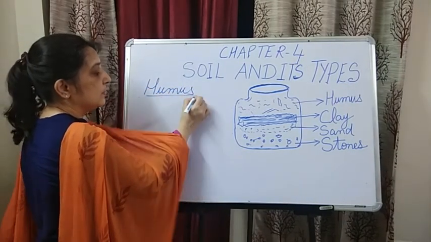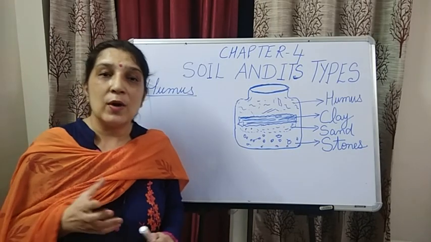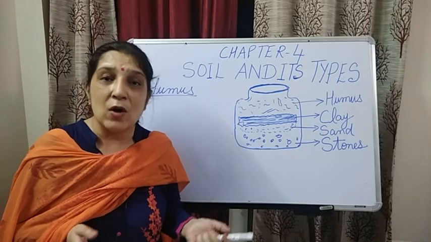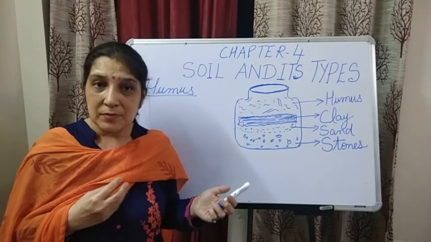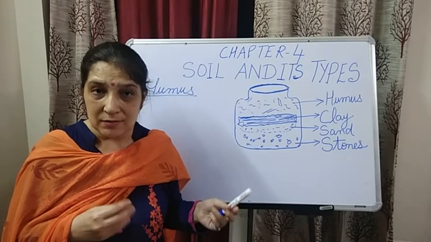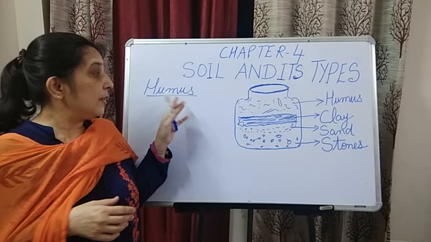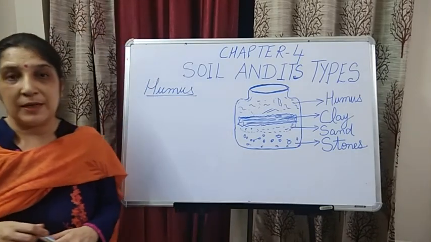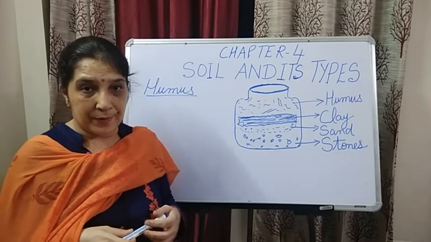Humus is the soil that contains the dead and decaying remains of animals. The remaining part of an animal's body and the dead leaves are present in the soil, which forms humus. Now humus is very good for plants to grow.